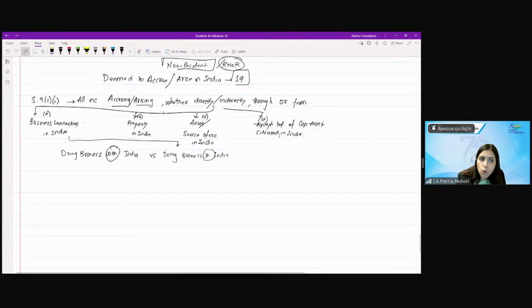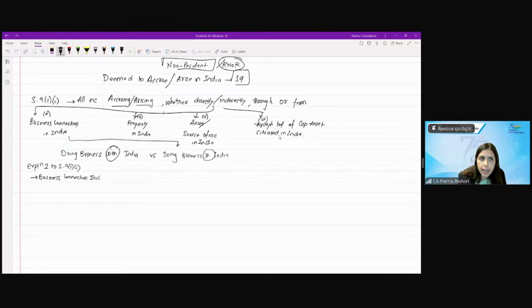The Explanation 2 which is there just says that business connection includes the following. Now, what does it say? That the activities carried out through a person acting on behalf of the non-resident.